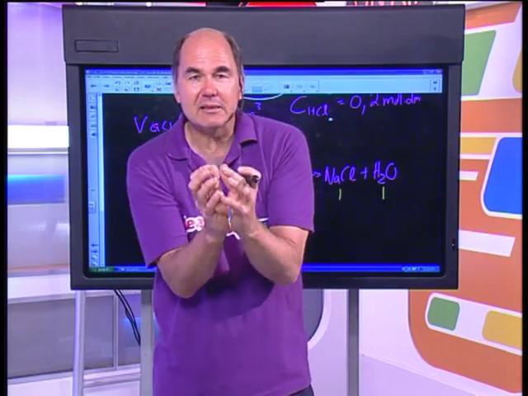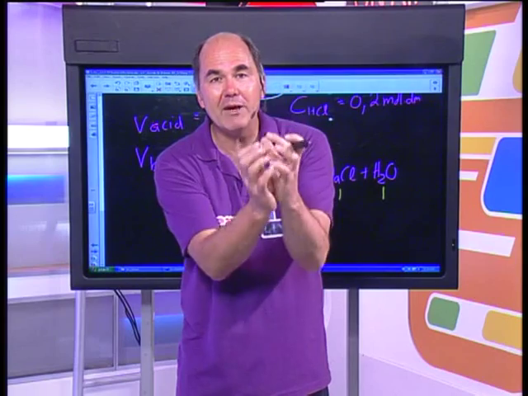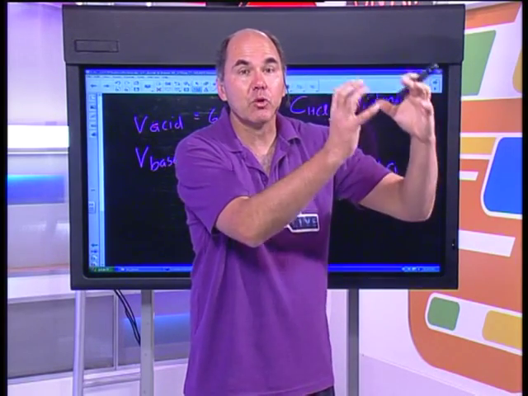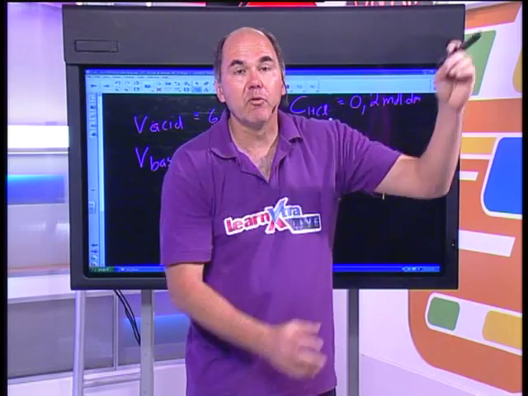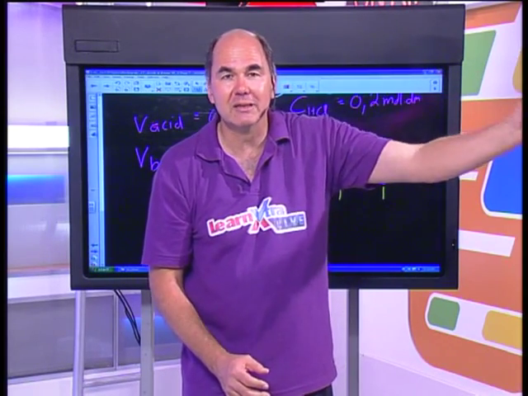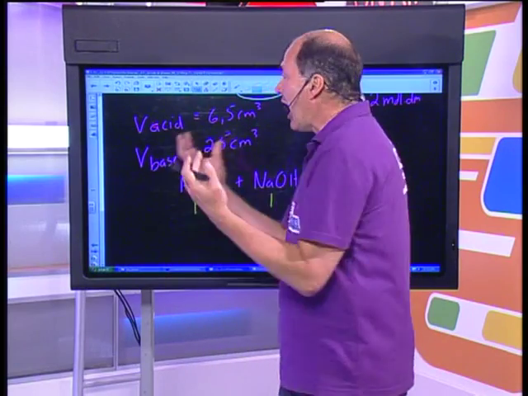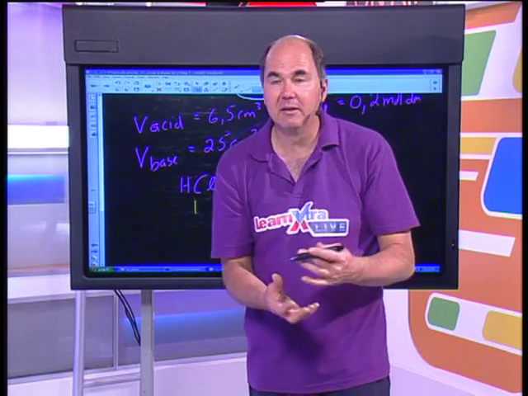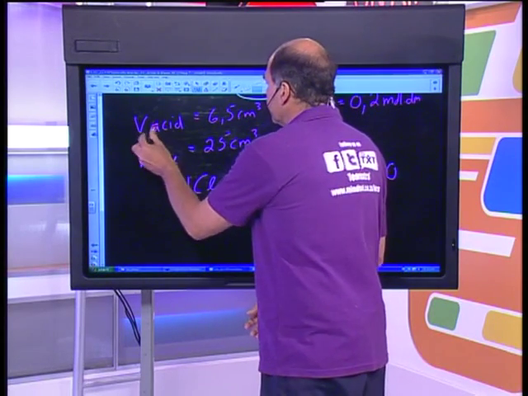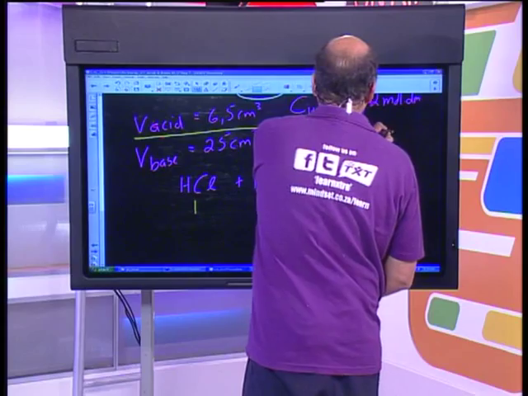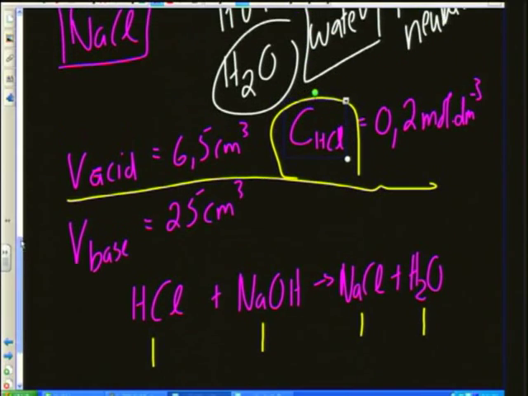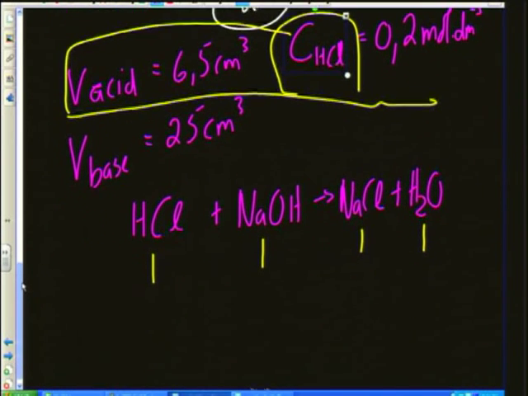So that means that if I've used up 1 mole of acid, then I must neutralize that with 1 mole of base. And I will produce 1 mole of salt and 1 mole of water. So the question now, guys, is how many moles of acid have I got at the beginning? Well, how do I work out moles? And that's the critical thing. If I've got concentration over there, and I've got volume, I can work out moles. And that's exactly what I'm going to do.